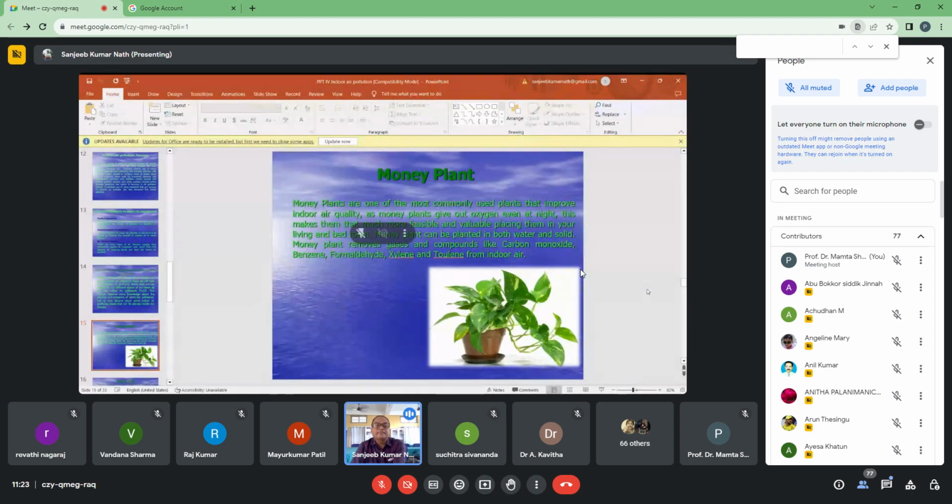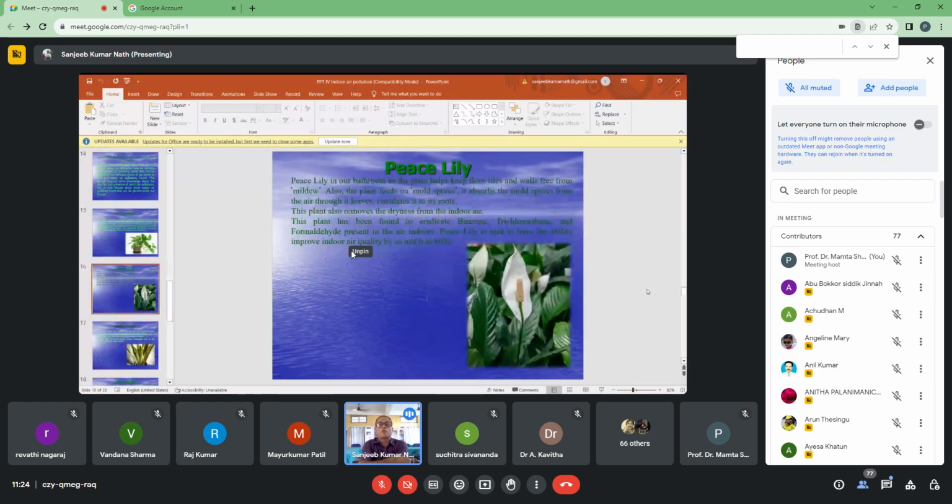This makes them much more valuable, placing them in your living room and the bedroom. Money plants can be planted in both water and solid matter. Money plant removes gases and compounds like carbon dioxide, benzene, formaldehyde, xylene, toluene from indoor air.